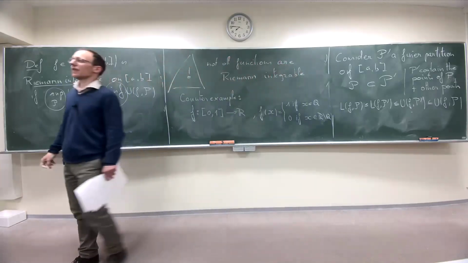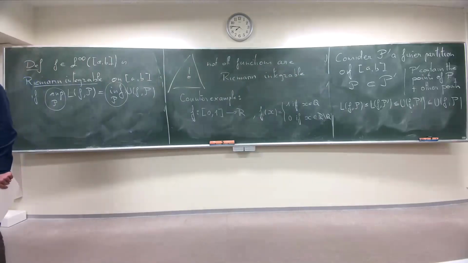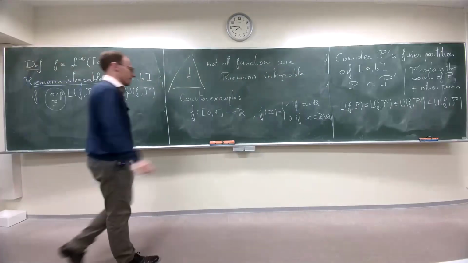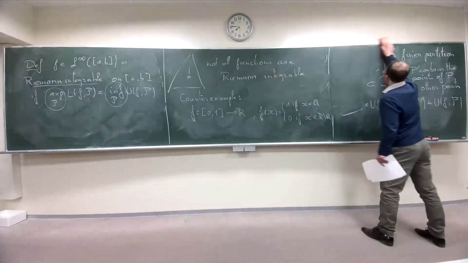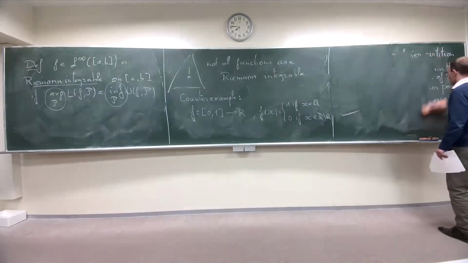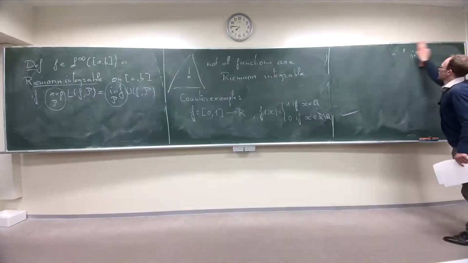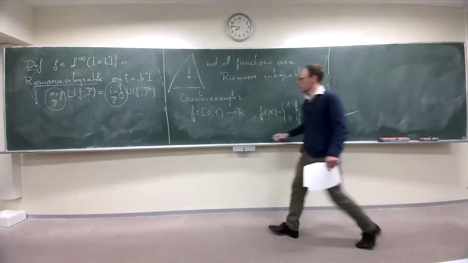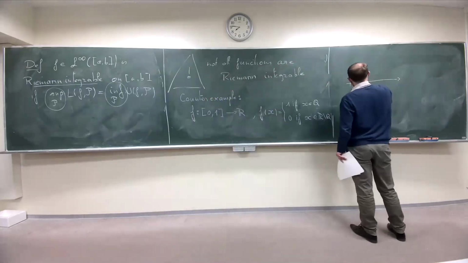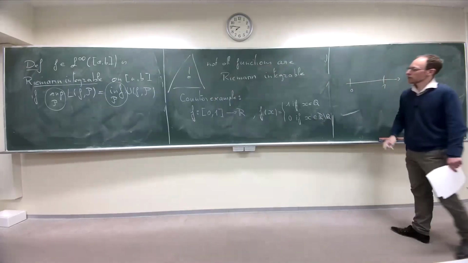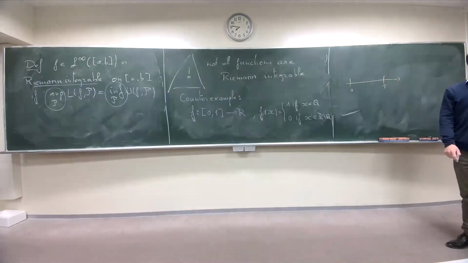If you have never seen this function, try to plot it. Look at the shape of this function. Take the interval [0, 1]. Put the value 1 at every rational x.